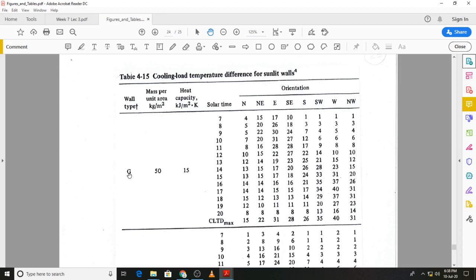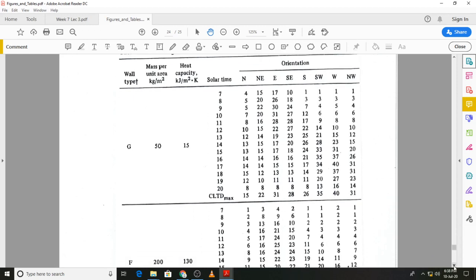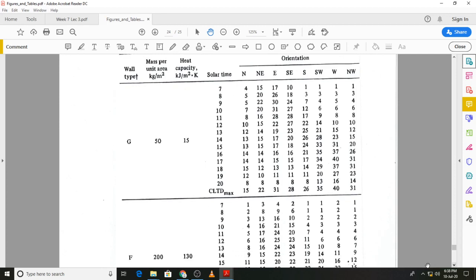The first set of data is for wall type G. We have wall type F, so we scroll down to the appropriate wall type, that is F over here, you can see, and that will be the set of data that we will be using.